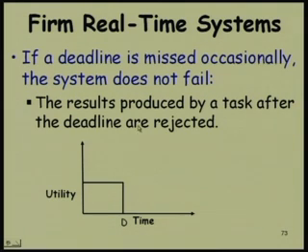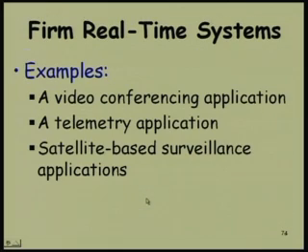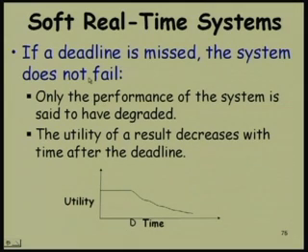The results are simply ignored. The results which are produced after the deadline are just ignored. Examples I had said that most of the multimedia applications fall in this category. We talked about video conferencing, telemetry and satellite surveillance applications.